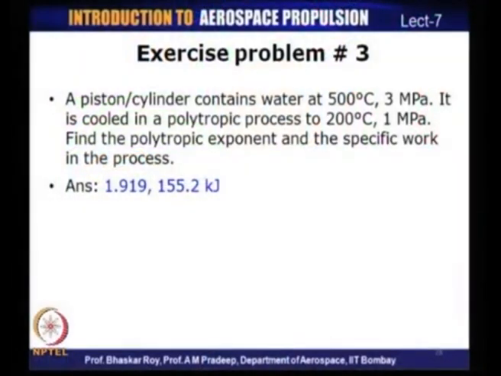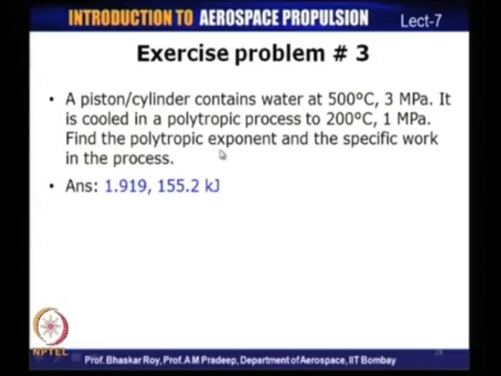And the third problem we have as an exercise problem for you is a piston cylinder arrangement which contains water at 500 degree Celsius, 3 megapascals. It is cooled in a polytropic process. So, we have a process which cools water from 500 degree Celsius, 3 megapascals to 200 degree Celsius, 1 megapascal.